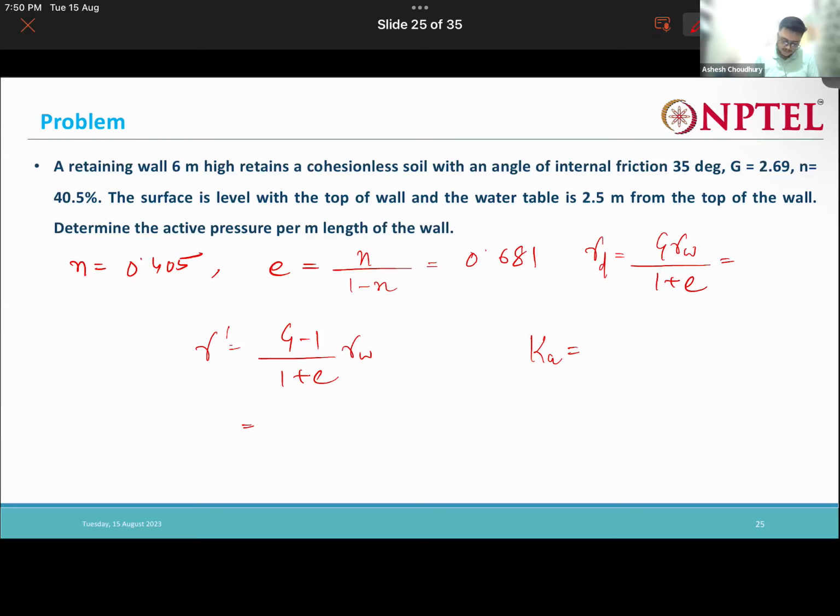So first you tell me what will be K. K is 1 minus sine phi. What will be K? 0.271.